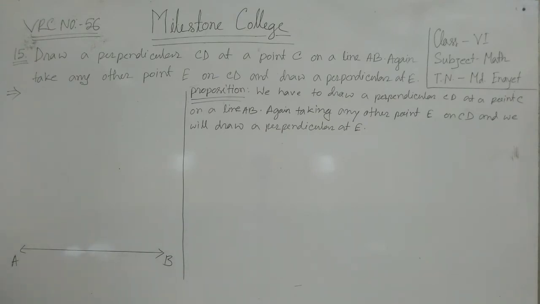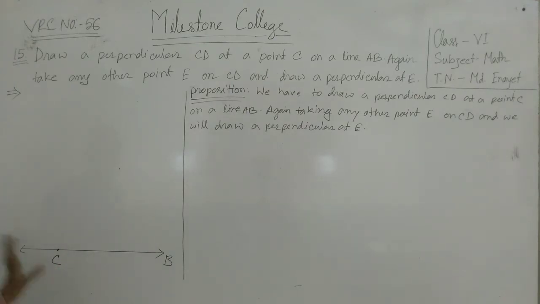On that point we will draw the perpendicular. So, I am taking any point C here. My dear students, you may take this point on the left side, the right side, or the middle, no problem. You just have to take any point C on the line AB.